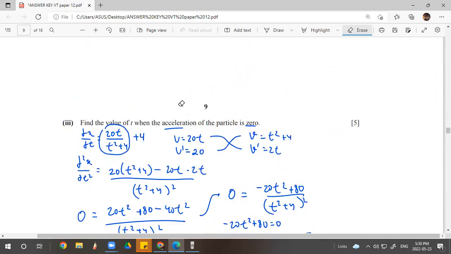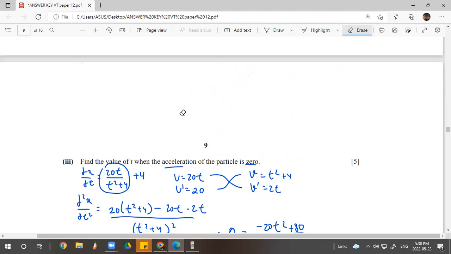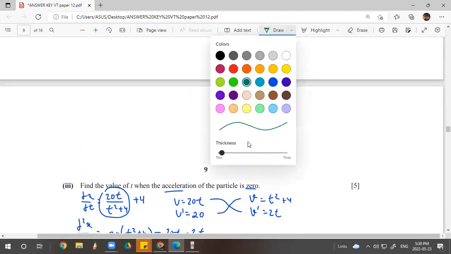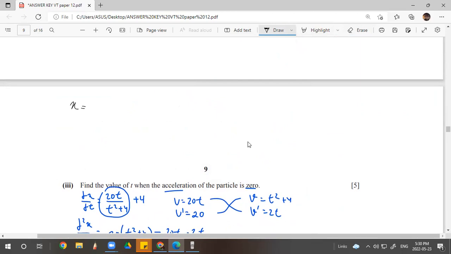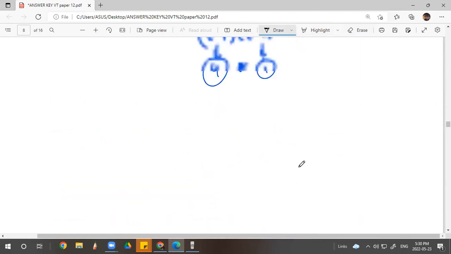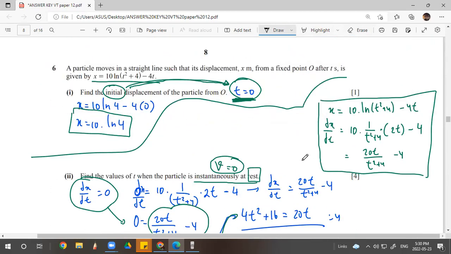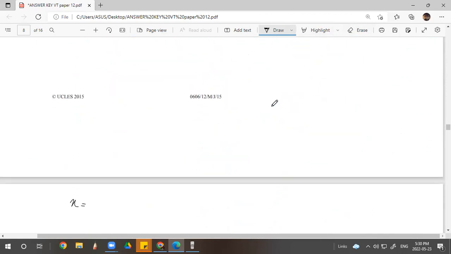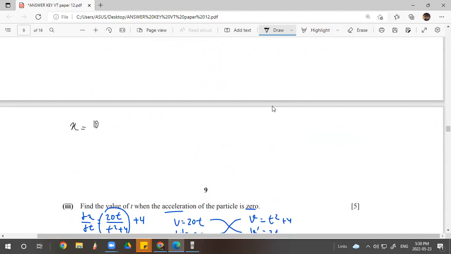Find the value of t when the acceleration is 0. Okay, so I have the x as 10 ln t squared plus 4 plus 4t, right?